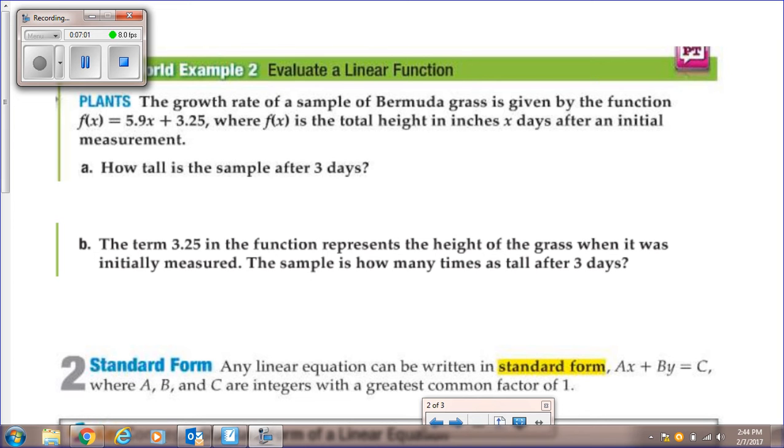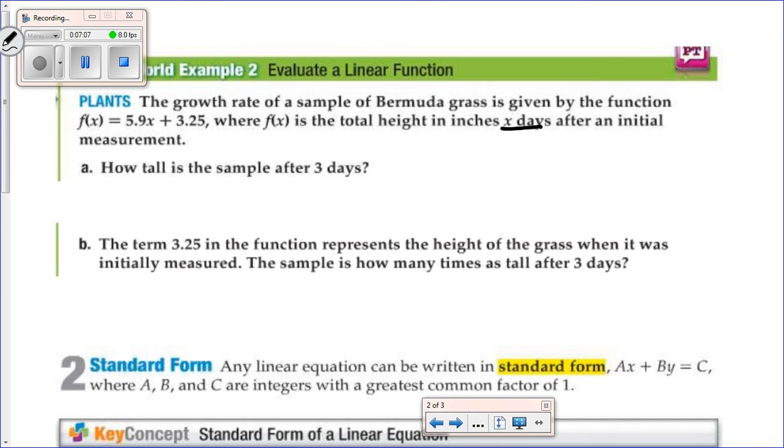How tall is the sample after 3 days? So x represents days in this example here. If we were asked how tall it is after 3 days, we are substituting. This is going to give us x equals 3.